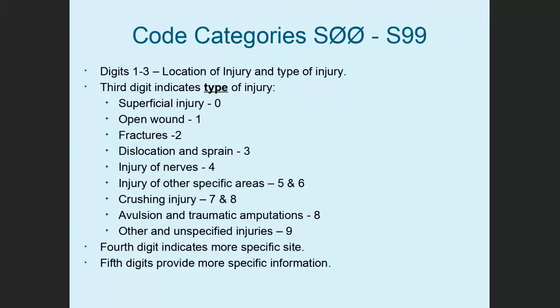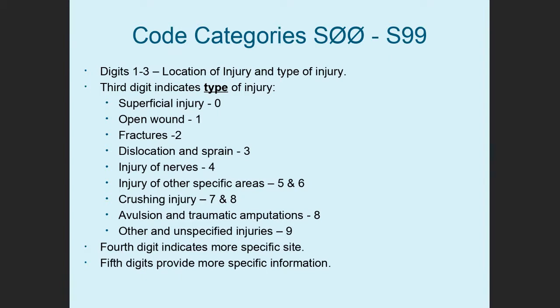Most of the codes for injuries are in the code categories S00 to S99. The first characters indicate the location of the injury, such as open wound of thorax, S21, and injury to muscles of shoulder and upper arm, S46. So we have the third character for superficial injury is a 0, open wound is a 1, fractures 2, dislocation and sprain 3, injury of nerves 4, injury of other areas 5 and 6, crushing injury 7.